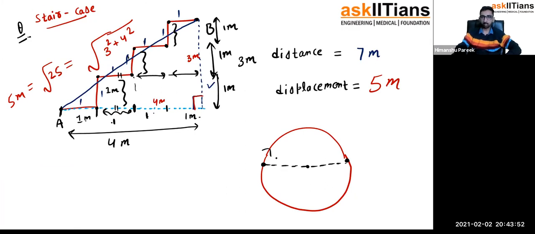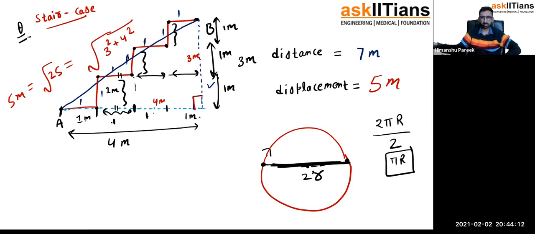So calculate the distance traveled by the cyclist. The perimeter total length is 2 pi r and half of that would be pi r. Displacement, just join the initial and final point, 2r. That's it. Very simple question.